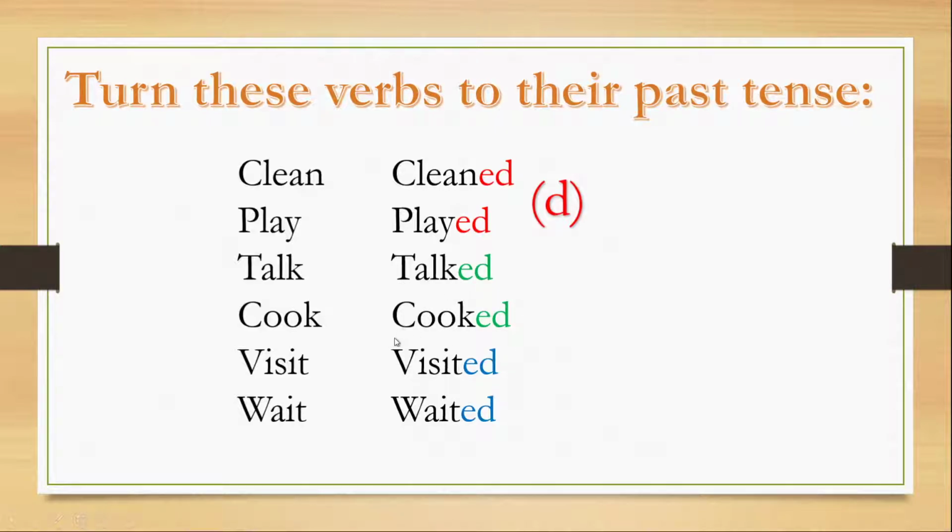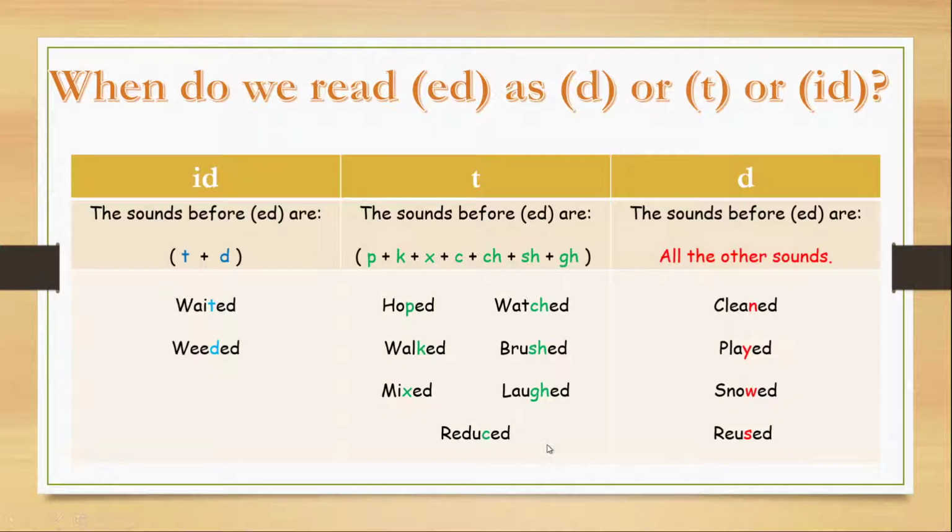Talked, cooked. I hear the t sound. What about the blue ones? Visited, waited. I hear ed. All right, let's see the rule now. When do we read ed as d or t or ed?